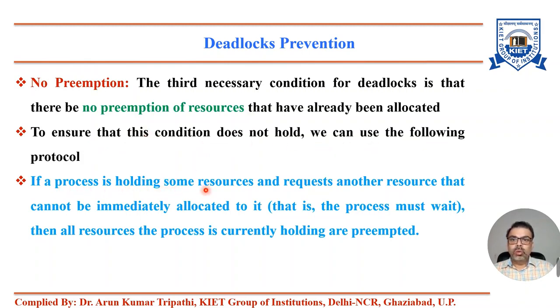If a process is holding some resources and requesting another resource that cannot be immediately allocated to it, that is, the process must wait, then all the resources that the process currently holds are preempted. Meaning I have four resources and I want two more, so I have to voluntarily release my four resources.